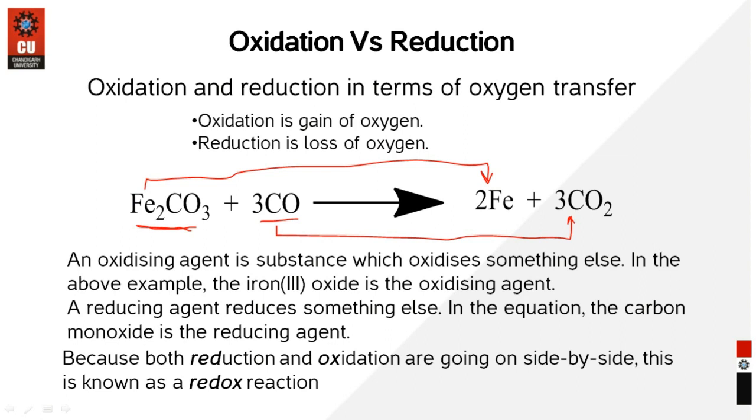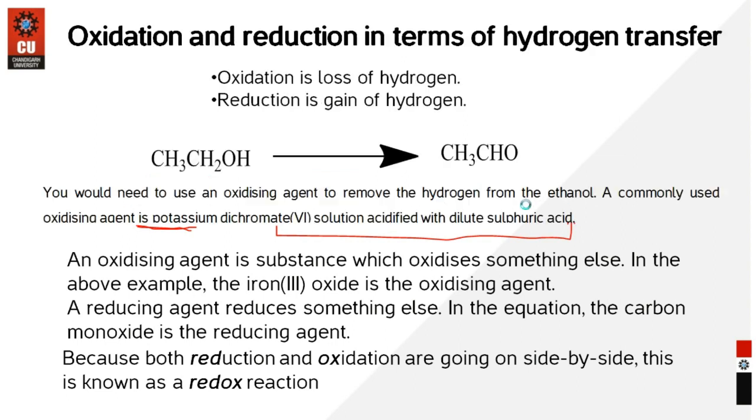So our iron is reduced whereas carbon gets oxidized. That is the concept of oxidation and reduction: where oxidation is going on, simultaneously, side by side, some reduction is also going on.